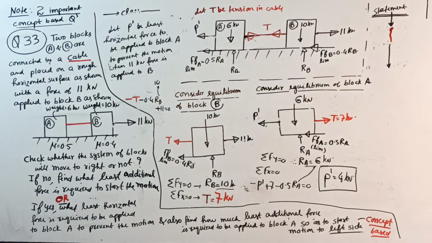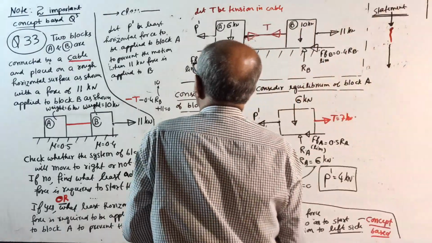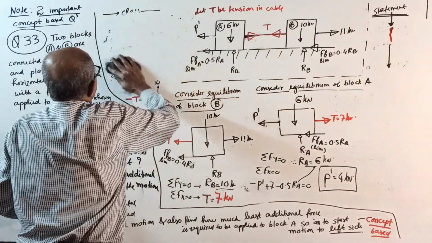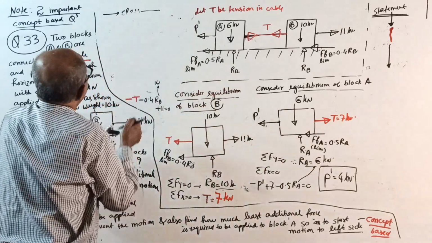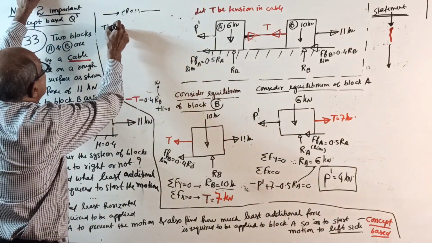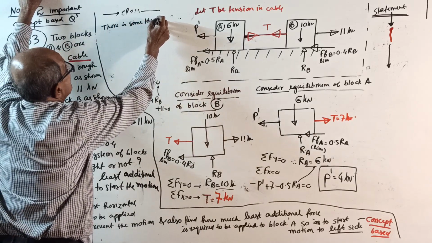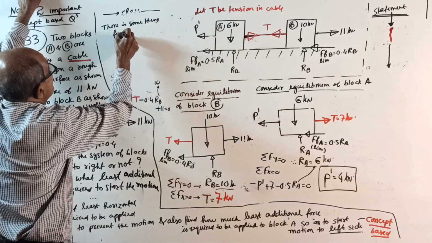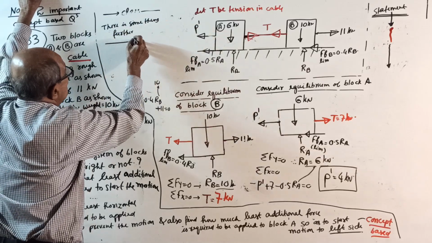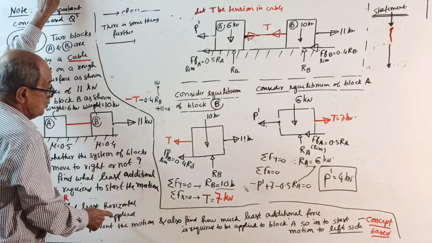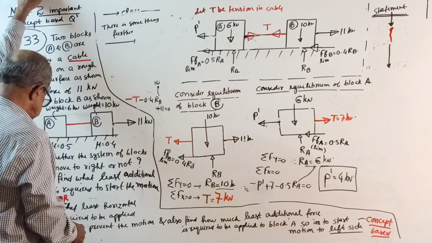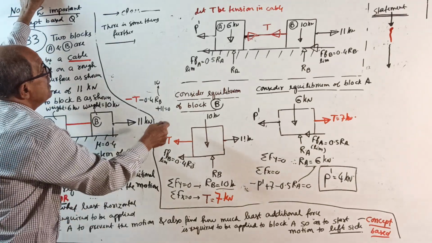Now the concept. Okay, now once again continue the question. See, right here, there is something extra, something further. I will dictate. What further? See, first they told how much force is required to apply to this block.